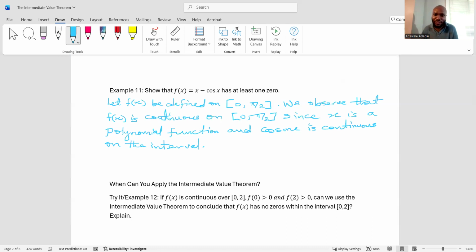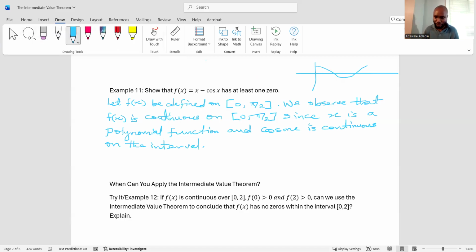How do I know? It is very simple, guys. Just remember your unit circle.